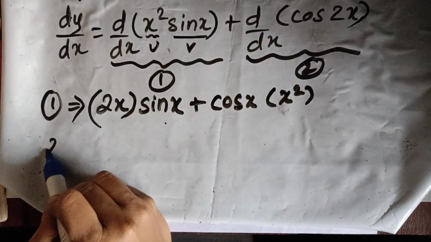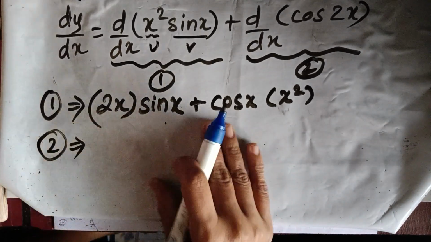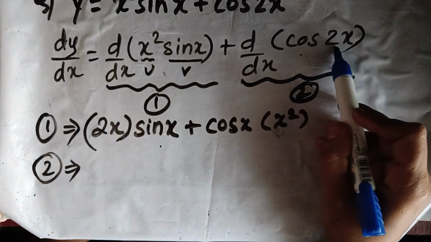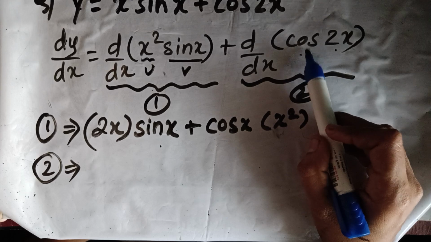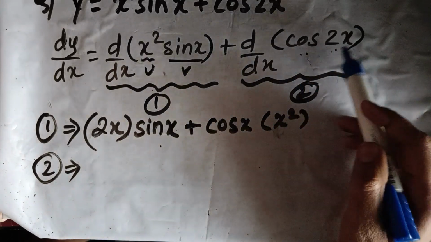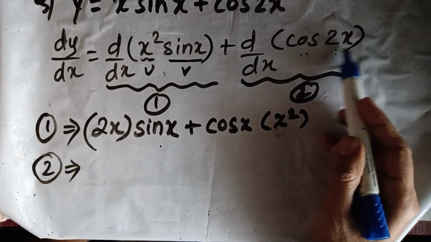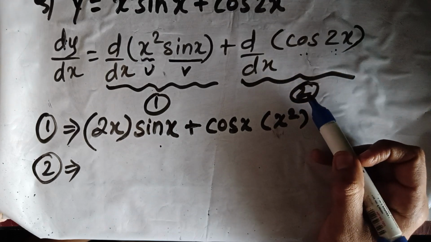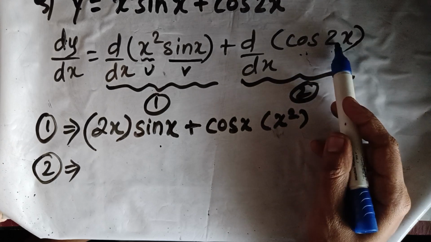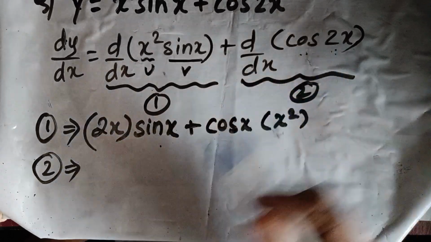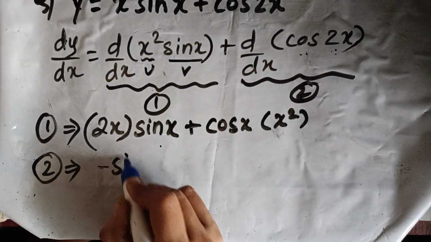What about second? This type of functions are called composite functions. That is, here cos is given and inside there is one more function, that is 2x. Okay. So you have to first write the derivative of cos x. Okay, derivative of cos x is minus sin x.